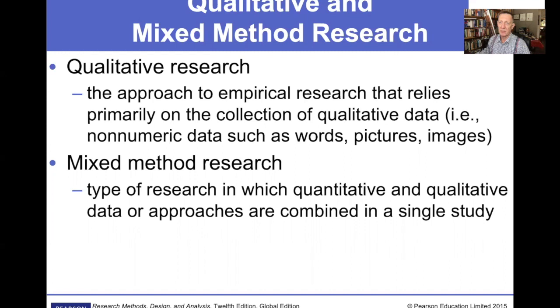So empirical matters are things that you can see, observe, measure, and so on. But qualitative research also deals with empirical research. It's sort of a misunderstanding to say that qualitative research doesn't deal with empirical data. And there are people that say that.